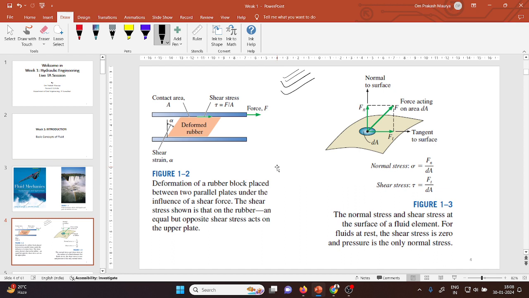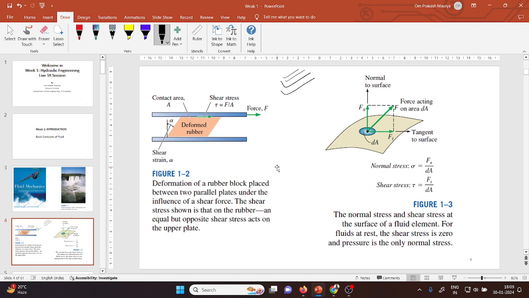What we are going to do in fluid mechanics is try to formulate physical phenomena in terms of mathematics. If we formulate something in terms of mathematics, then we can apply it anywhere.